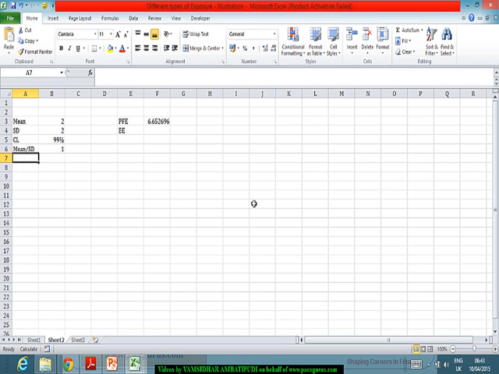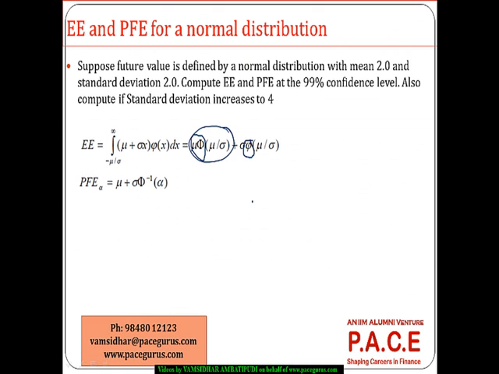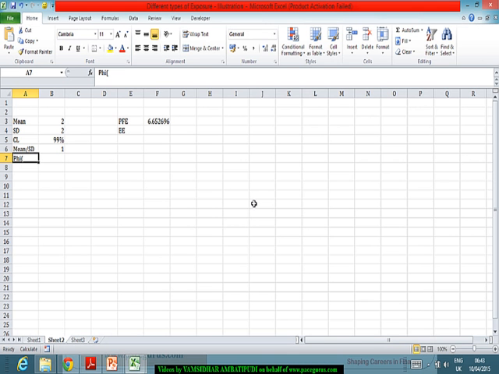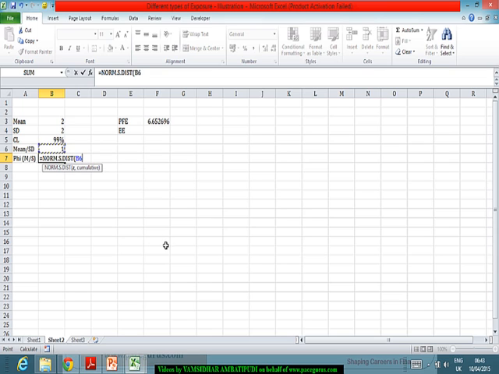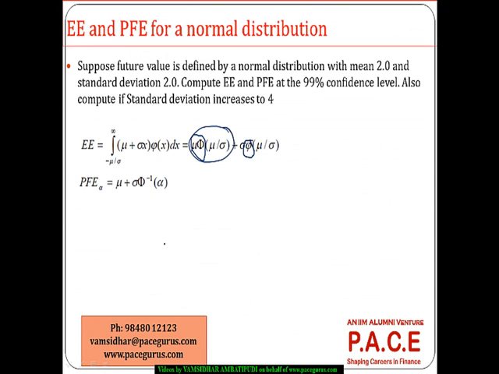So capital phi is what I am looking at: phi of mean by standard deviation, which I take as NORM.DIST associated with this, with the cumulative distribution function set, so I get 0.84.